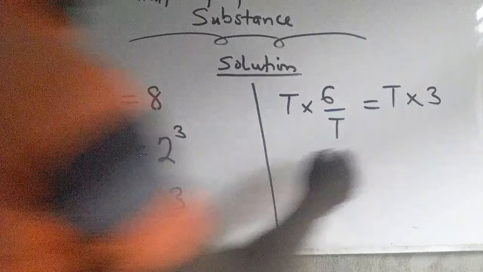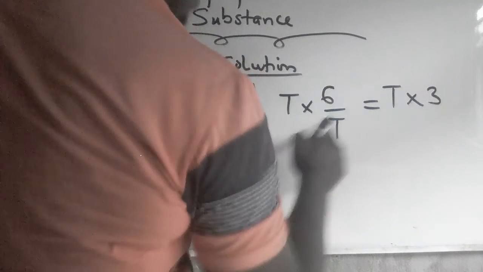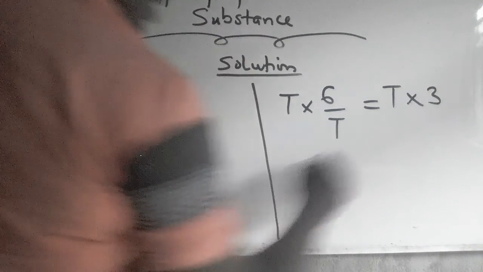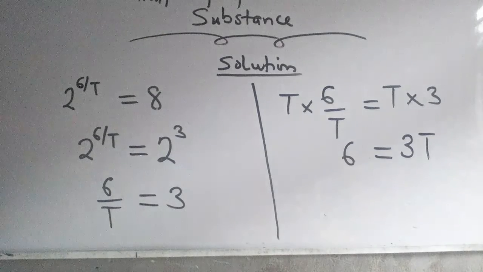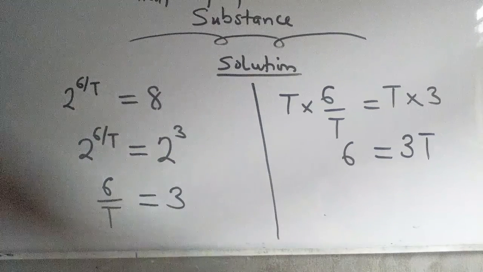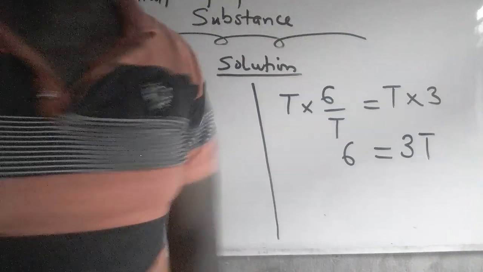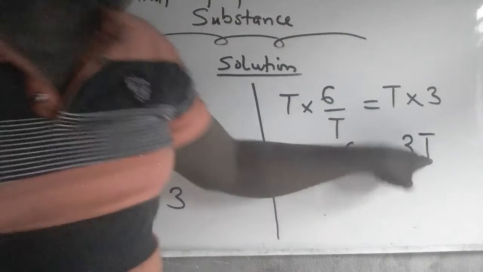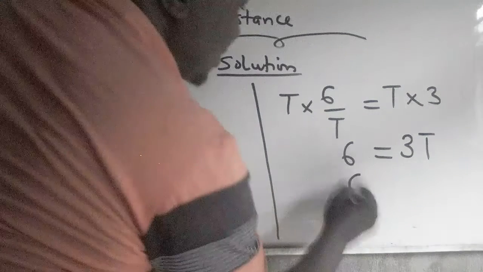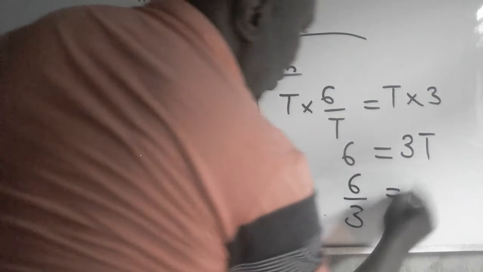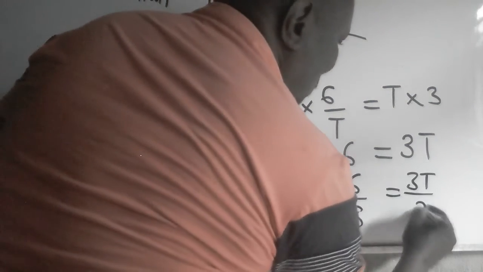That now gives us 6. For this T cancels the denominator T, we have 6 is equal to T times 3, which is 3T. The last step requires us to divide both sides by 3 in order to make T the subject. So we say 6 divided by 3 is equal to 3T divided by 3.